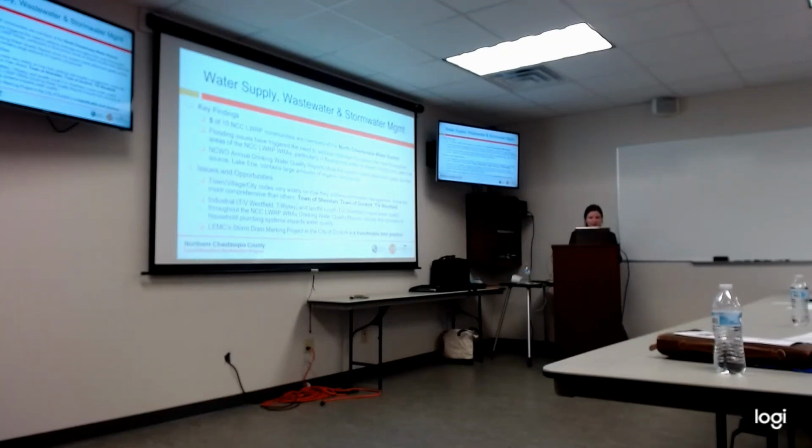They also took a look at the annual drinking water quality reports for these communities to show that the system meets the attainment goals, but the source, which is Lake Erie, contains a large amount of organic compounds.